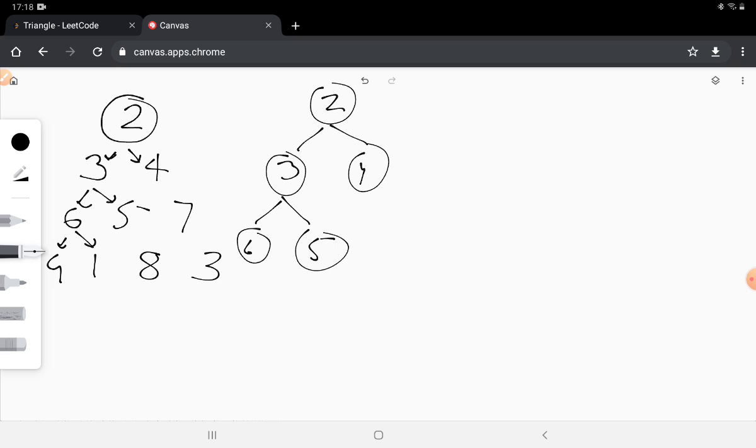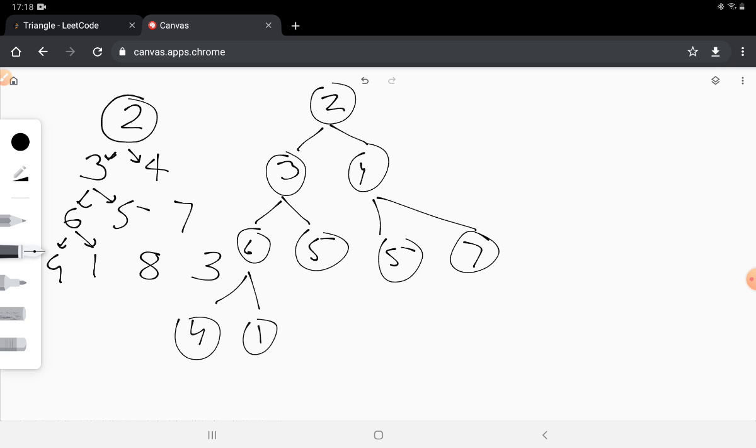With 4 you again have two choices, either go to 5 or go to 7. Then when you are at 6 you could go to 4 or 1. From 5 you could go to 1 or 8. And from 7 you could go to 8.